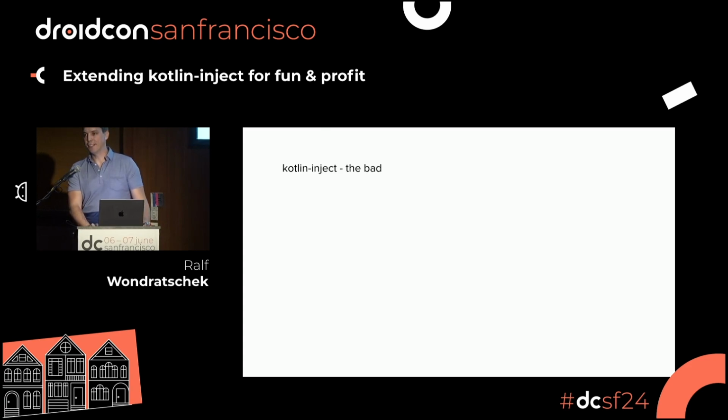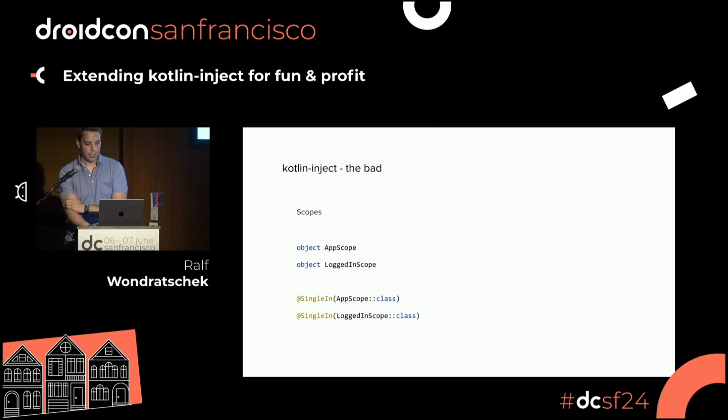But there are also some downsides where we think kotlin-inject could do better. Some of the issues that I will highlight now are already solved and hopefully will be released in the next version, but nonetheless, I want to call them out. We like the pattern in our code, in particular coming from Anvil, where we reuse scope annotations.